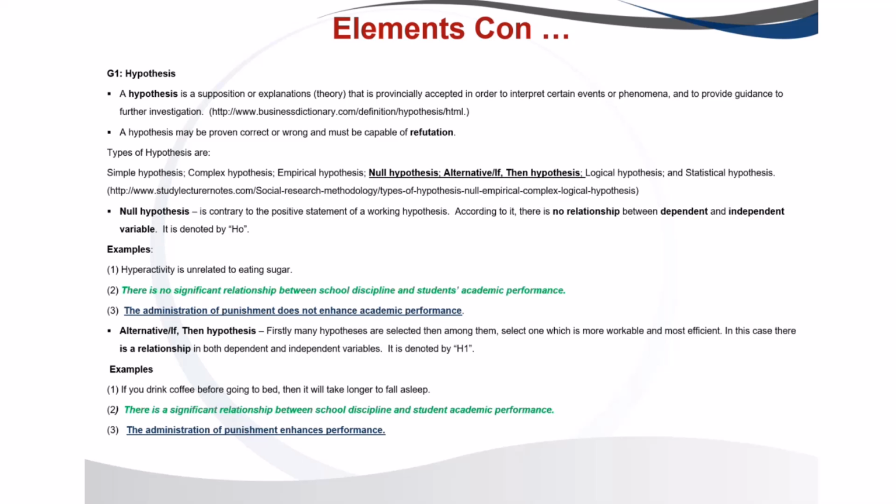The other hypothesis which we use, we call it the alternative or if and then hypothesis. Let's see what it is. In this type of hypothesis, the alternative if and then hypothesis is the opposite of the null hypothesis. In other words, there is a relationship between the two variables, the independent and the dependent variables. There is a relationship, all right?